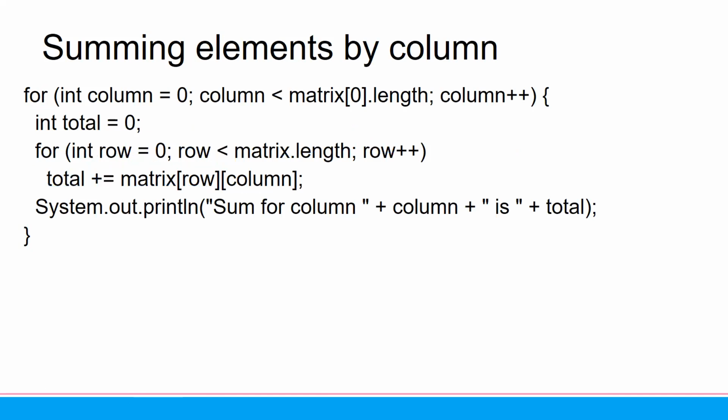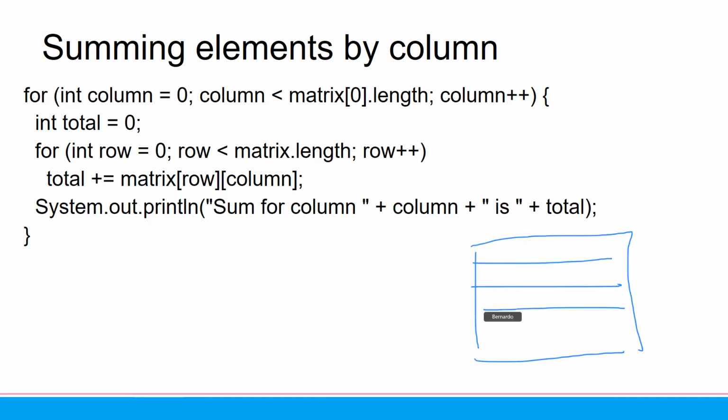And there is a method for summing elements by column. So let's see, if I have a matrix like this. Let's say this one is 0, 1, 2, 3, and then this one 1, 2.